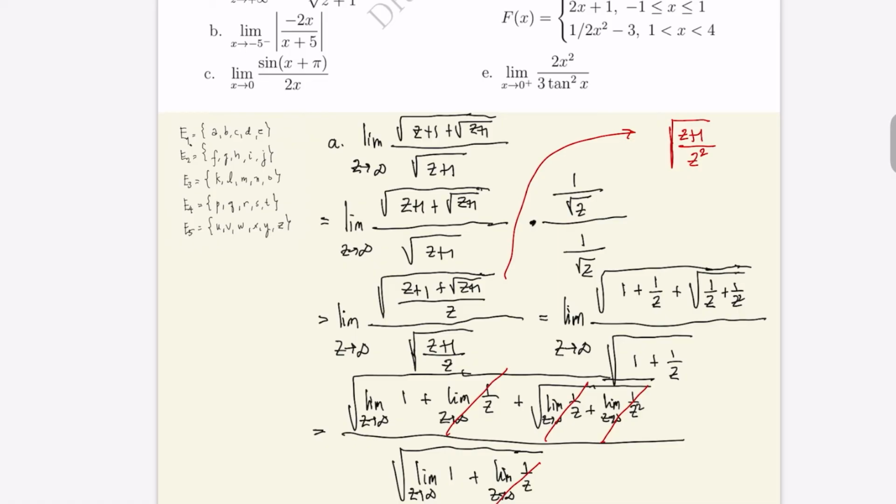So the limit here is 1. So we have square root of 1 over square root of 1, that's equal to 1.